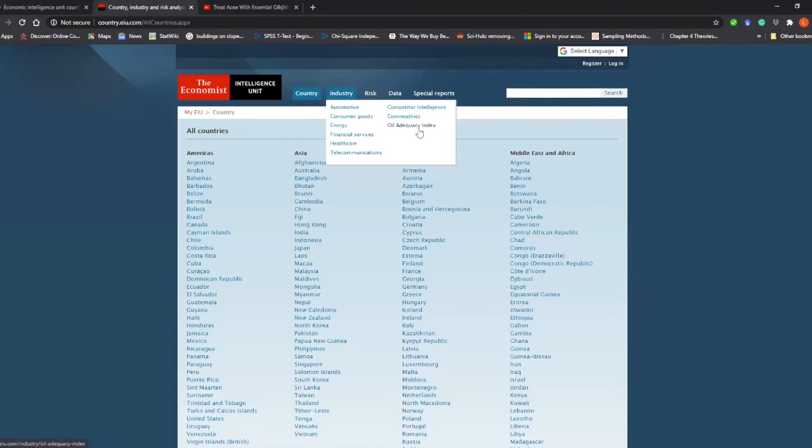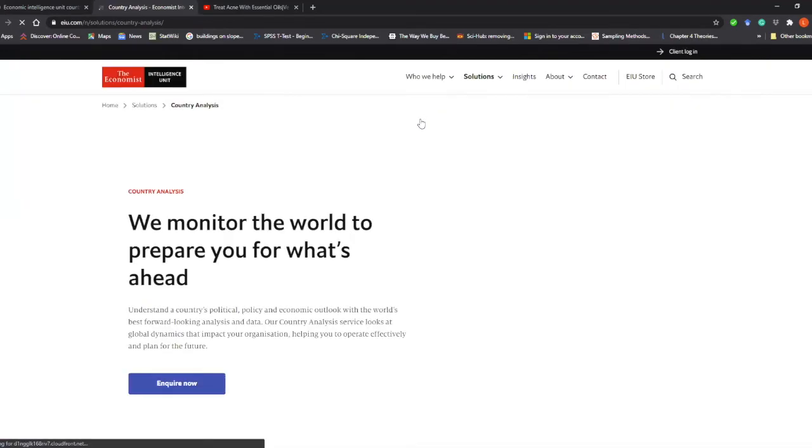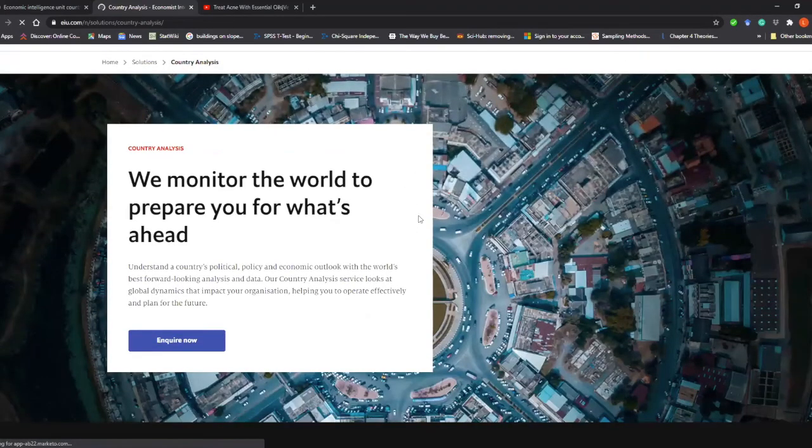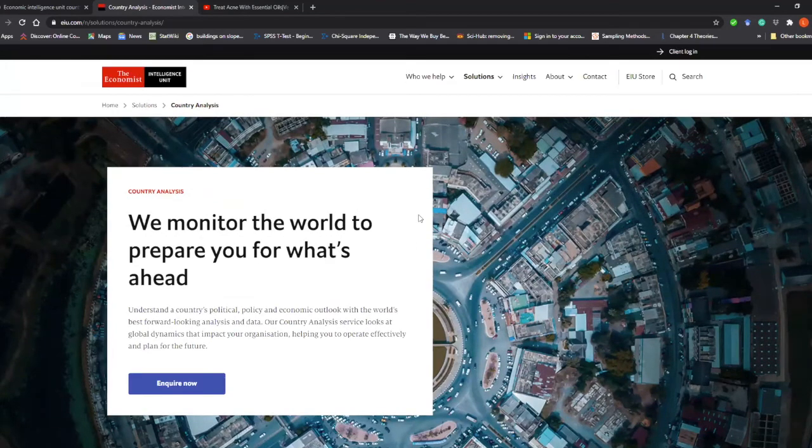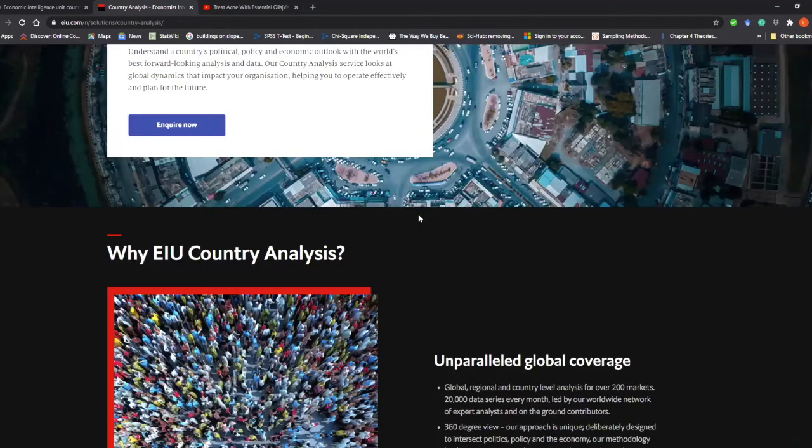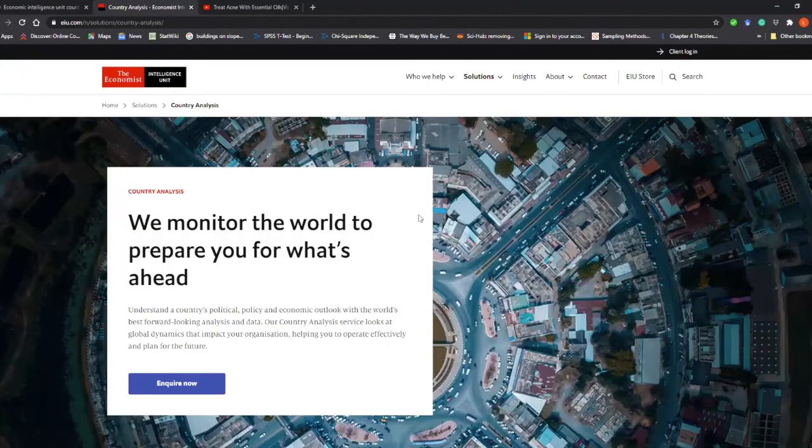So let's look at, which one should we go for? Competitor intelligence. Would that one be good? Okay, let's try competitor intelligence. All right, so after we click competitor intelligence, it brings us to this page where they are showing us the solutions that they offer with regard to competitor intelligence.